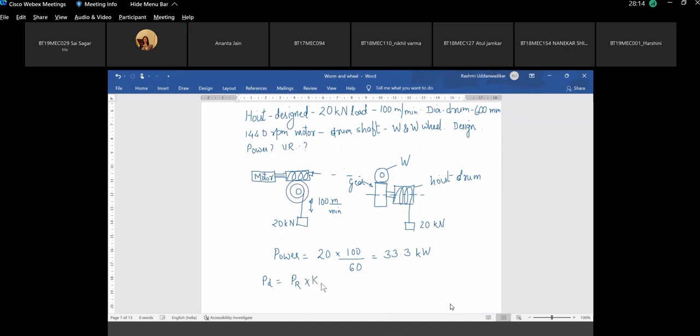Into the service factor. Page number 175, design data book, BD Shivalkar, table 16.15.